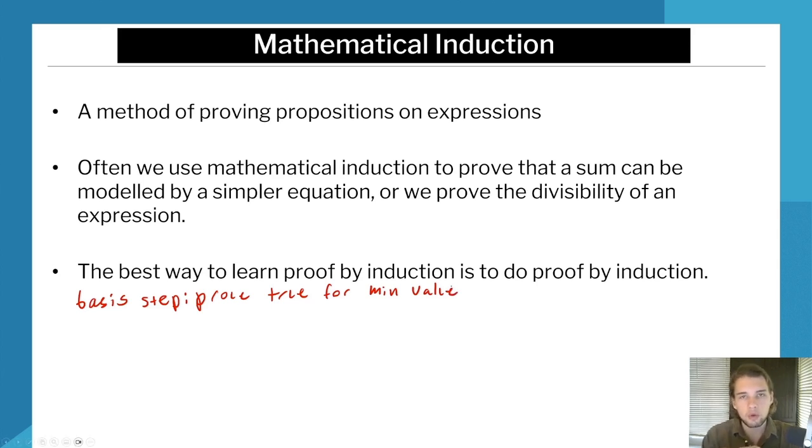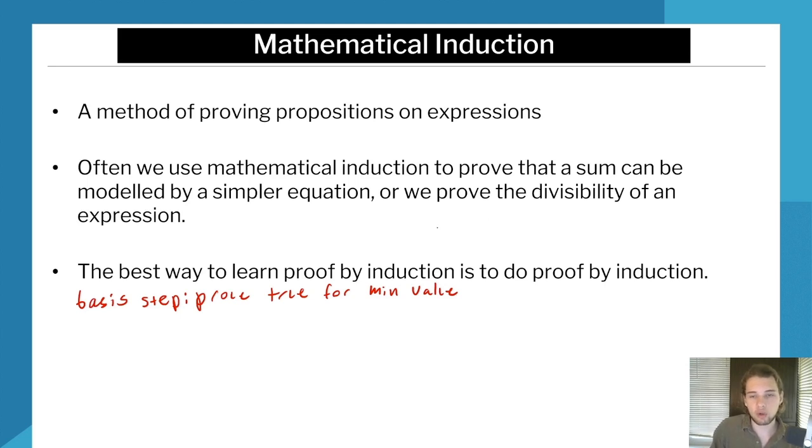Mathematical induction is done on a type of set that we call a well-ordered set. A set is just a group of anything, where each thing is a unique value. So in a set, you can't have two twos. Now, a well-ordered set is a set where there is a true minimum value.